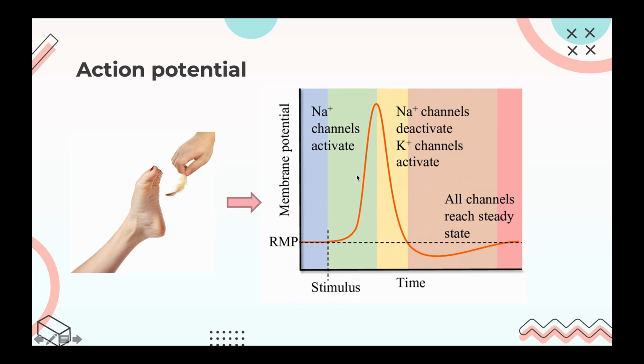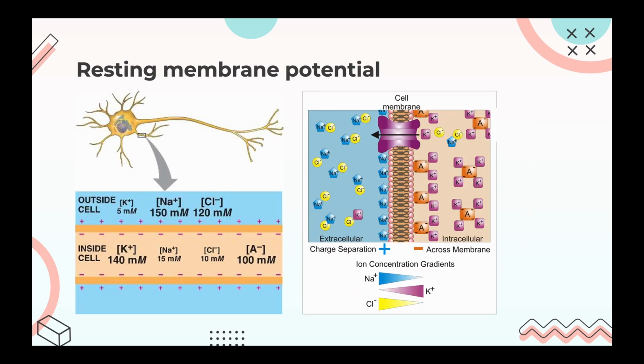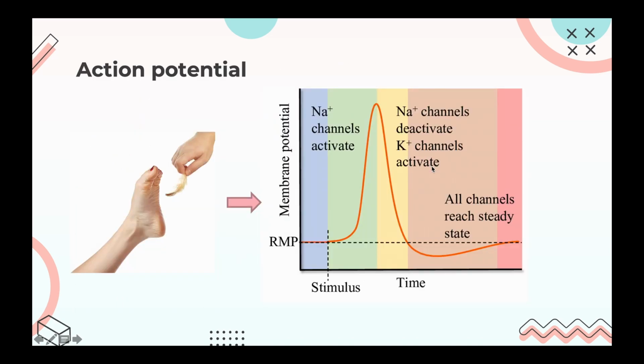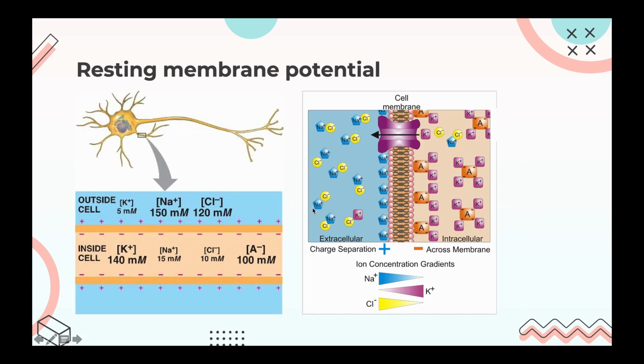The reason is that the sodium channels activate, which means that the sodium will go in. If you look at this slide, the sodium that's outside of the cell will move, not through this gate, but through a different gate. It will move into the cell because it really wants to get in there. And the sodium is very positive, and so it goes in.